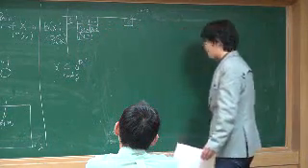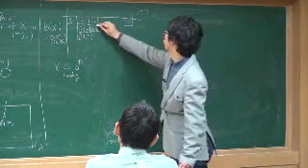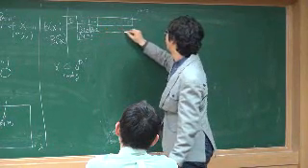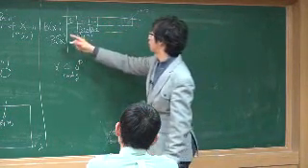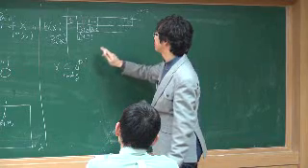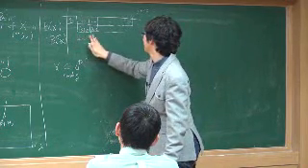So we can roughly draw the Betti table of a projective variety, in some sense.